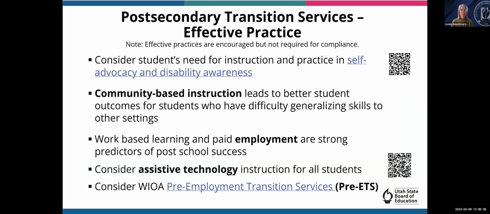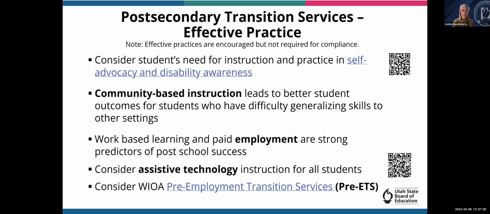All right, so some things around effective practice. Beyond compliance, we've talked a lot about the importance of self-advocacy and disability awareness. So, making sure that you're always assessing that, and how can we make the student a better self-advocate, even if they have complex needs, right?